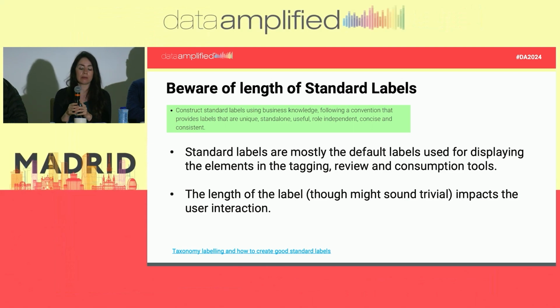Something that users of the taxonomies see as a problem with labels is if the standard label is too long. It's difficult to consume for humans, and this is the task of the labels, right? That is what I just said. This may seem to be a trivial problem, but it's not.